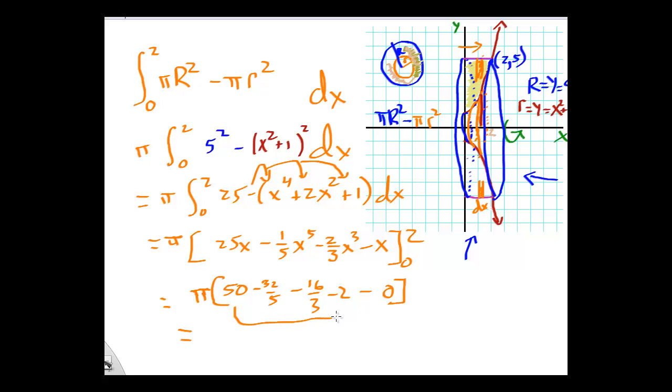The 50 minus 2 is not that bad. We have a pi on the outside. We've got a 48. Over here, we've got 2 negatives. Let's get them common denominators. So let's think multiply by 3 over 3 and multiply by 5 over 5. I hope you have the skills to be able to do this by hand.